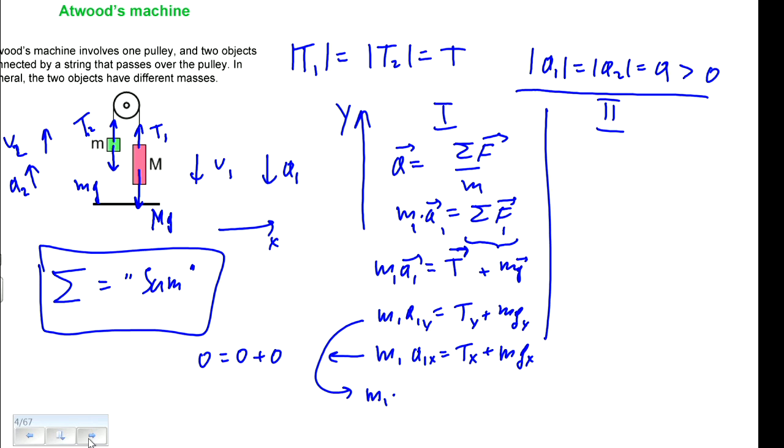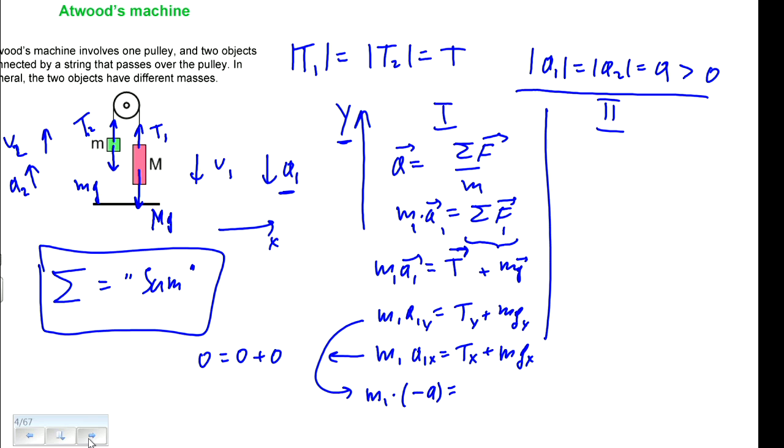It is positive automatically. But the y component of this acceleration relative to the y-axis should be what? This acceleration points down, it points up, so the component should be negative. So this is how we write it.